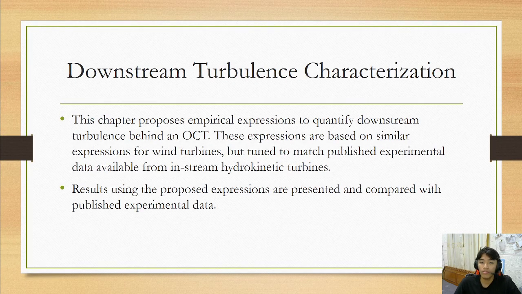Okay, so for the next part, which is downstream turbulence characterization, this chapter proposes empirical expressions to quantify downstream turbulence behind an OCT. These expressions are based on similar expressions for wind turbines, but tuned to match published experimental data available from in-stream hydrokinetic turbines.